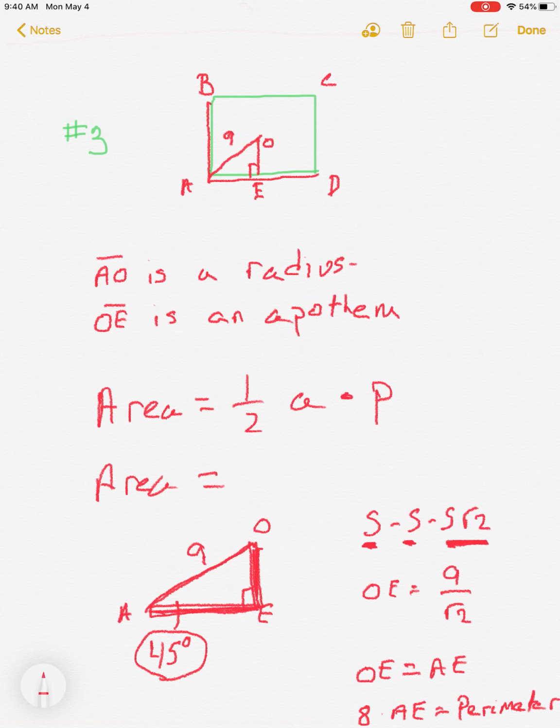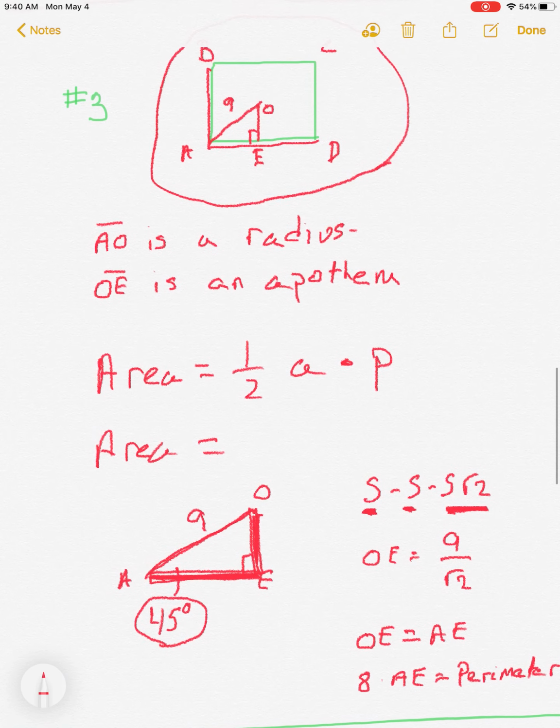It'll also give me 1/8 of the perimeter. Looking at the diagram above, AE is 1/8 of the total perimeter. There are 8 lengths of AE, in other words. So once you solve for the apothem, you will also multiply that by 8 to find the perimeter.